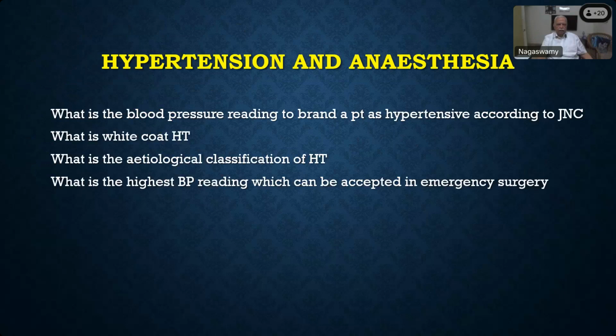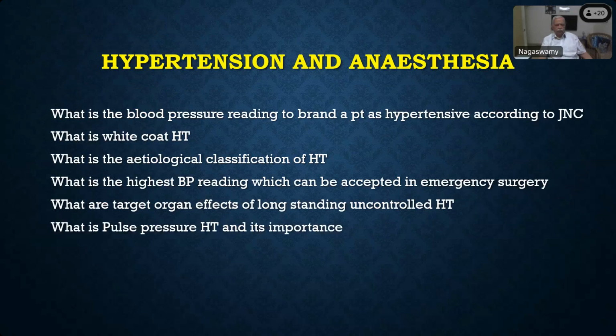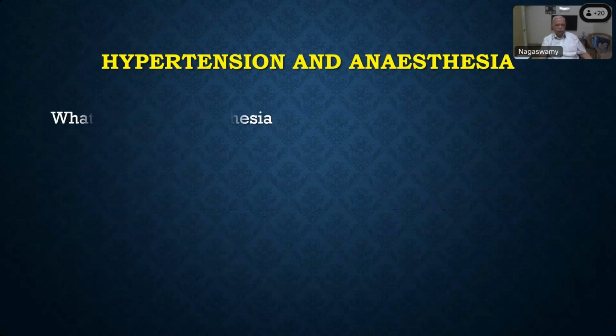What is the highest BP reading which can be accepted in emergency surgery? 180/100. Yes, very good. What are the target organ effects of long-standing uncontrolled hypertension? All of us know. What is pulse pressure hypertension and its importance? This also we have discussed. Isolated systolic hypertension also we have discussed.